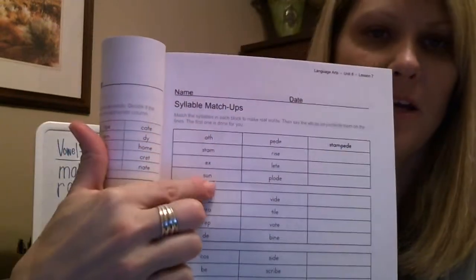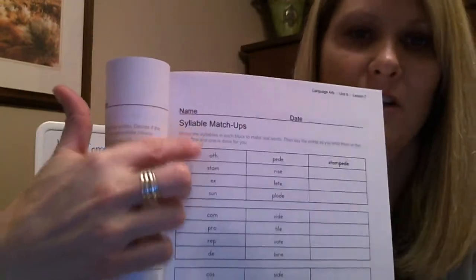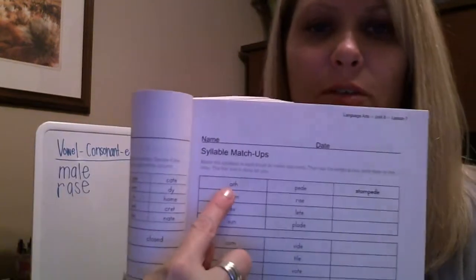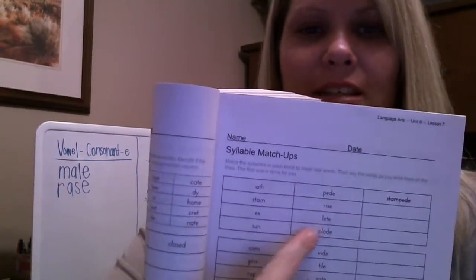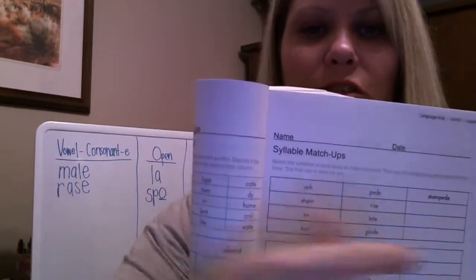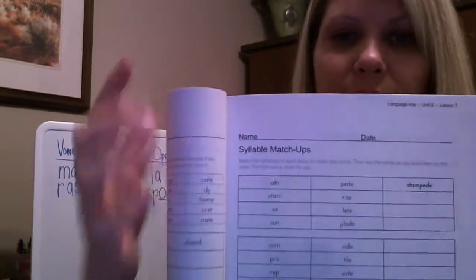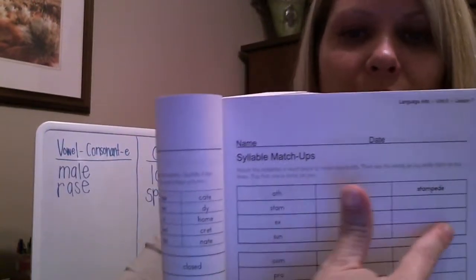So in this first block, right here, you can kind of see there's 4, 4, and 4. What we're going to do is match these syllables with these syllables to make up a word. So these are 2-syllable words that we're going to make.